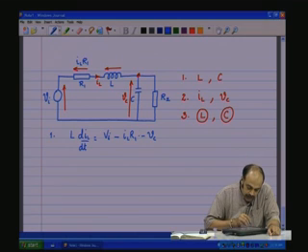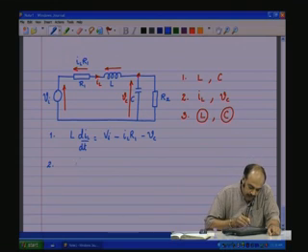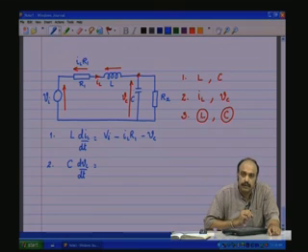So, let us consider the second element, and the second element in this case is the capacitor C. C dVc by dt equals the current through the capacitance.